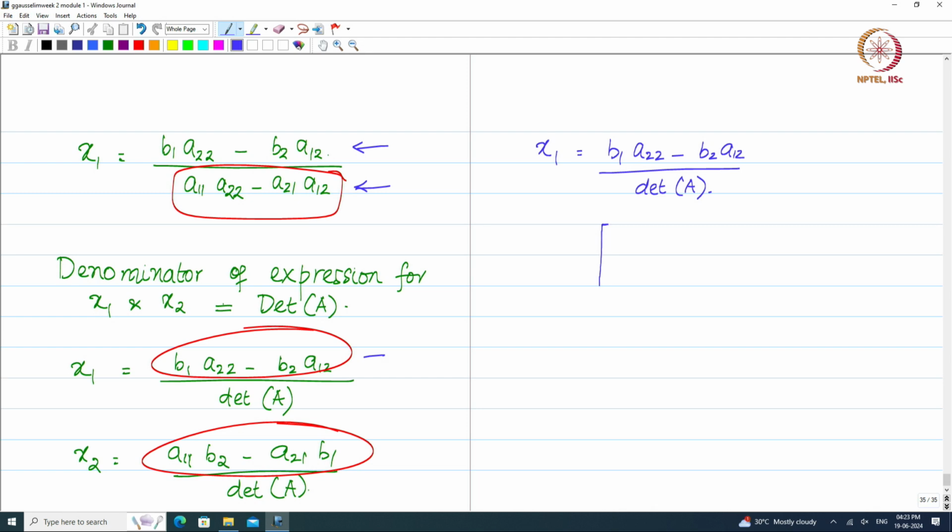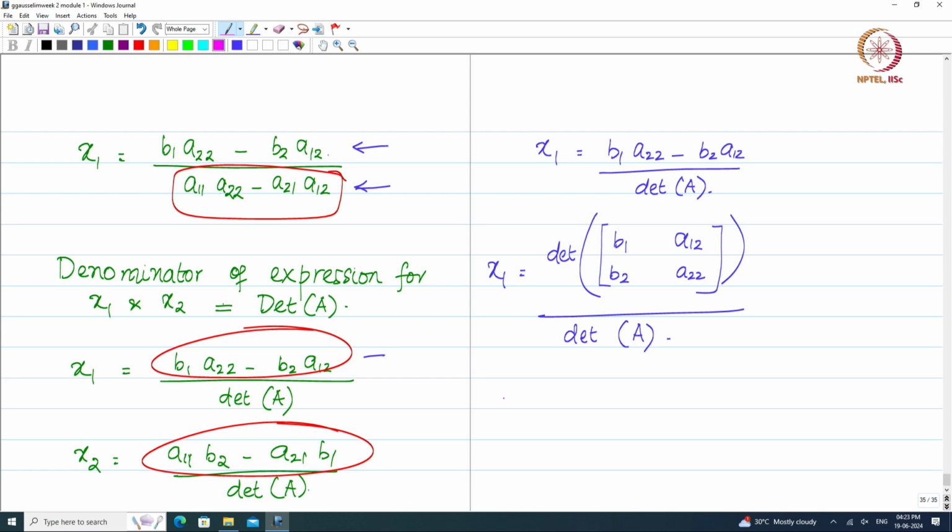This is the matrix which contains b1 b2 in the first column, and the second column of the matrix is retained, so a12 a22. So x1 looks like the determinant of the matrix A with the first column of A replaced by the right hand side quantities, which are b1 and b2, divided by determinant of A.